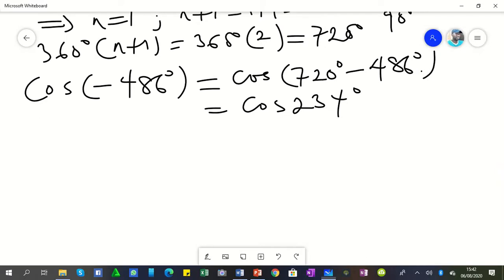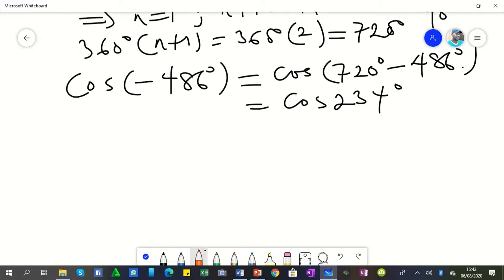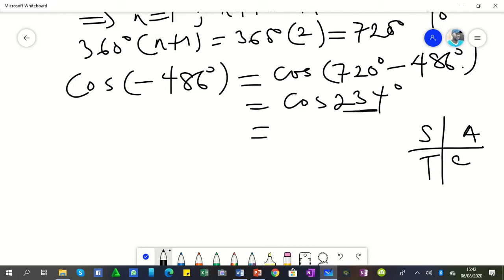Now, what we need to quickly do here is to proceed with our usual CAST formula, the quadrants I meant to say. 234 here falls in the third quadrant.